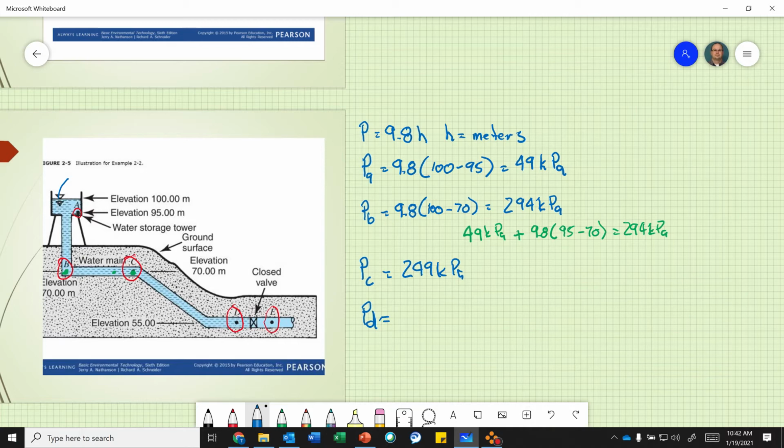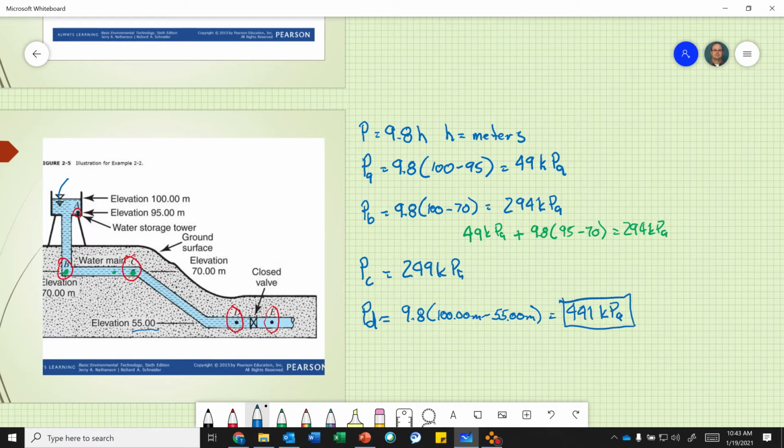I'll just do the way that I like to do. 9.8 times, we start at elevation 100.00 meters, and at point D, we're at elevation 55.00 meters. So 100 minus 55 times 9.8 equals 441 kPa.